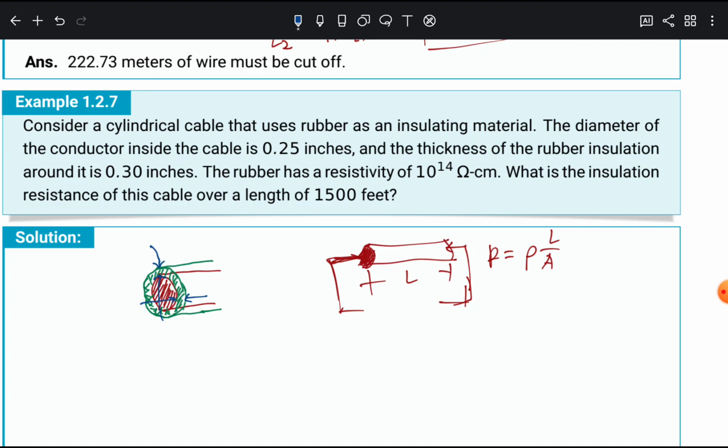If the resistance is low and you try to hold that wire, then there's a chance that there will be a current flowing through the insulation towards you. So to minimize that, we need to increase that resistance, and that's the resistance that we call insulation resistance.